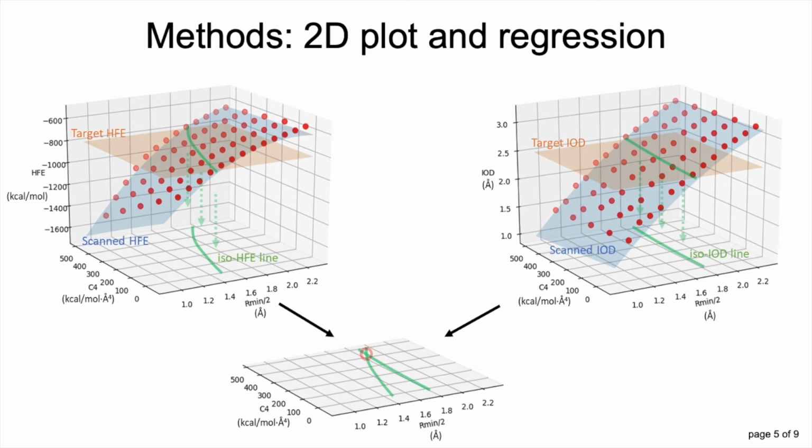On that line, all the HFE are the same as the experimental value, or the IOD is the same as the experimental value. Then we project those two lines onto the xy plane and cross them over again. Those two lines will have a crossover point, and that point will give the C4 and R minimum values we're looking for to work as parameters for the metal ions in the new water models.